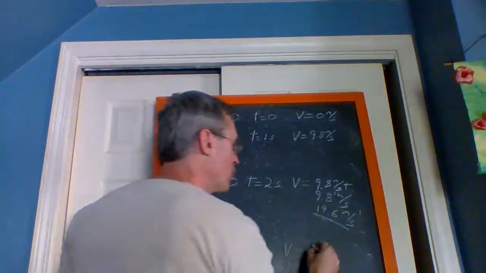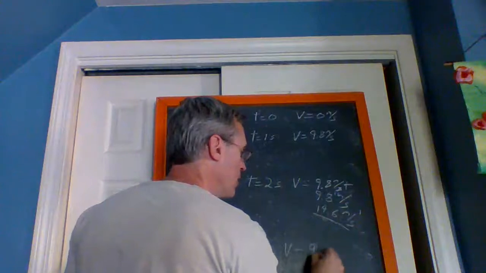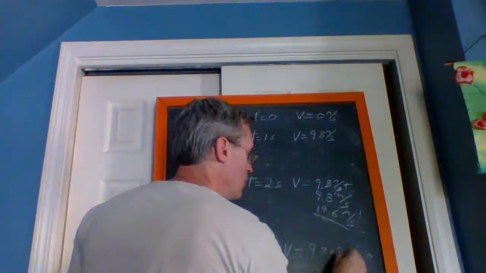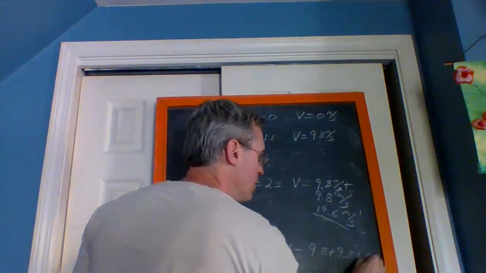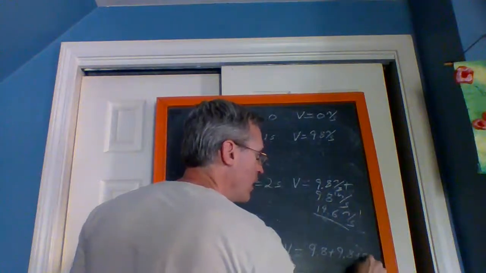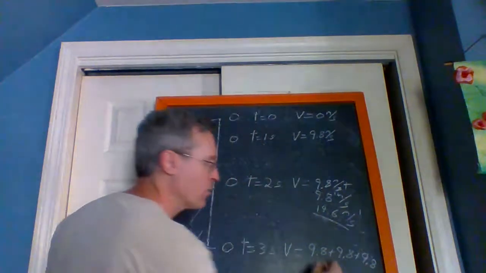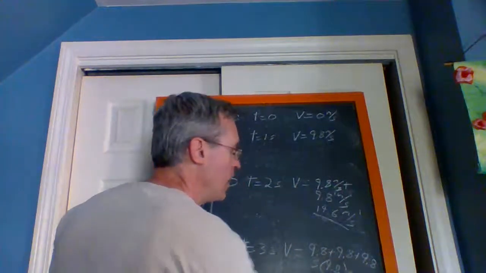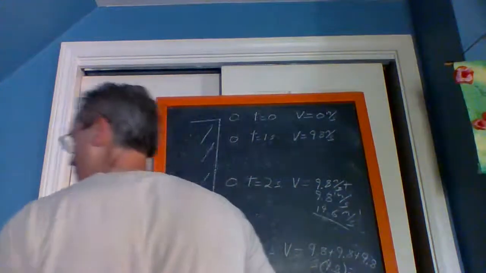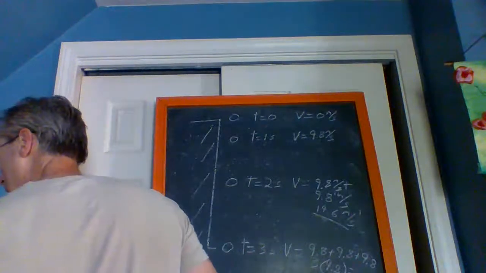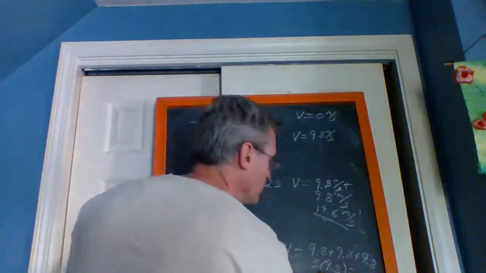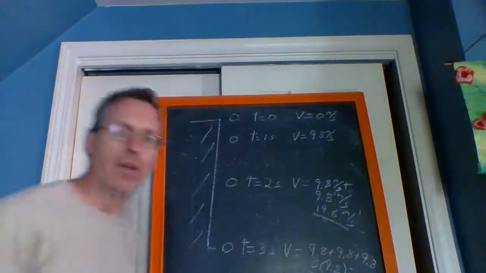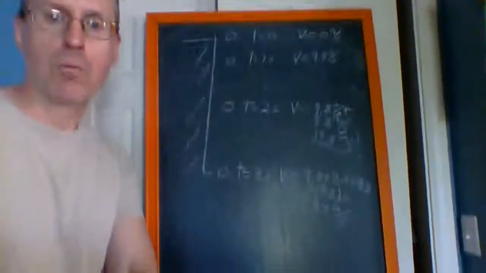At 3 seconds, you're passing through 3 times 9.8. You gained another 9.8 meters per second, that's 3 times 9.8, and I worked it out, that would be 29.4 meters per second.